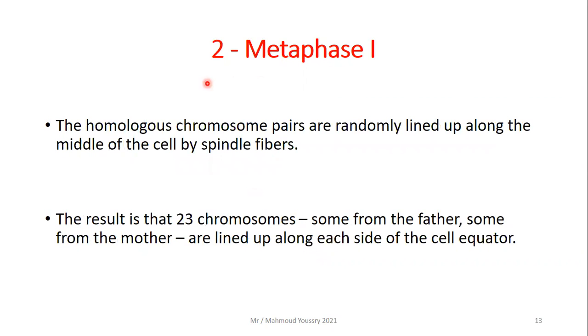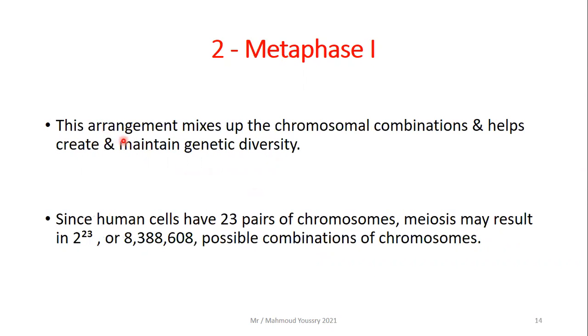Then metaphase 1. The homologous chromosome pairs are randomly lined up along the middle of the cell by the spindle fibers. The result is that 23 chromosomes, some from the father and some from the mother, are lined up along each side of the cell equator, as we said. This arrangement mixes up the chromosomal combinations and helps create and maintain the genetic diversity.